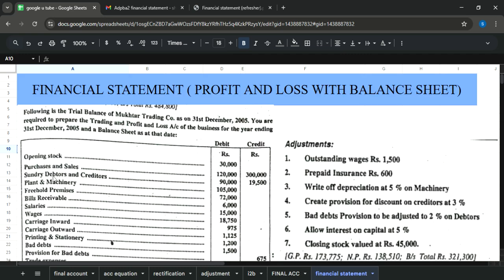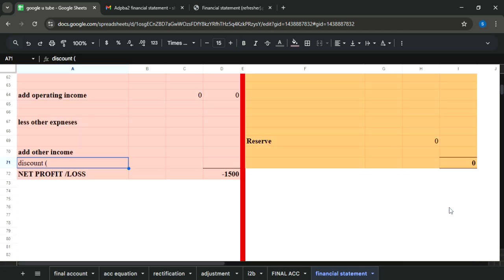And here you can see debtors and creditors. Debtor is an asset, amount is present on the debit side. Creditors are a liability, amount is present on the credit side. 19,500, 3%. So here 19,500 and 3% you will calculate.